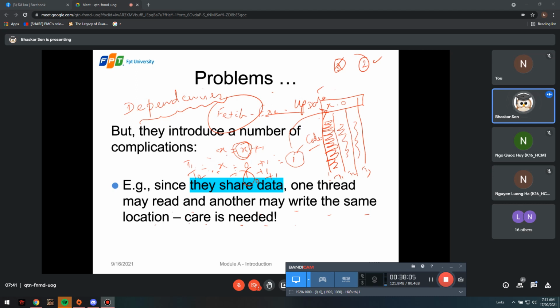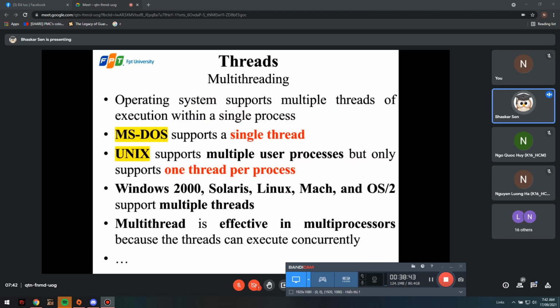As I said, it can happen not only with data, it can happen with resources, and it can also happen with processes, but it is less likely because everything regarding processes is controlled by the kernel, the OS first of all, and number 2, they don't really share the same thing. Now they can, and it can happen with them as well, but it's more likely to happen with threads.